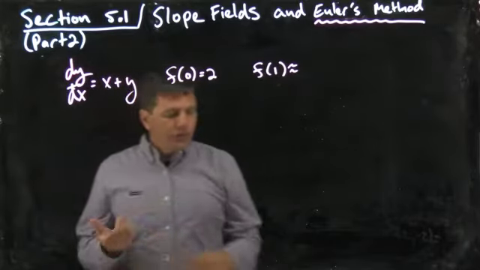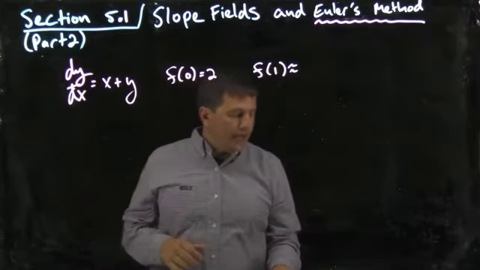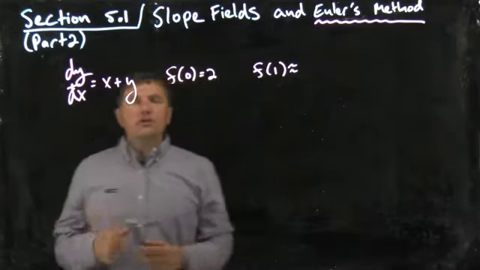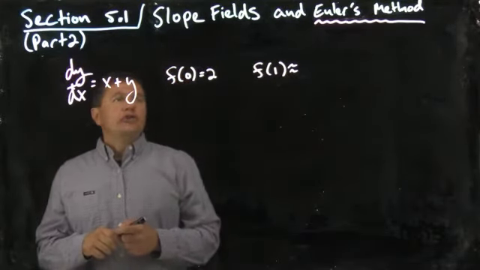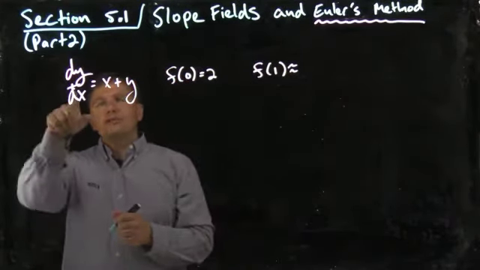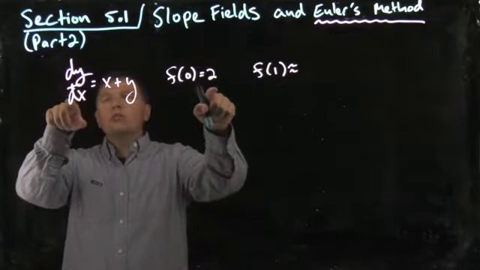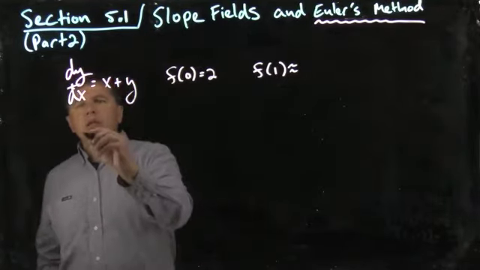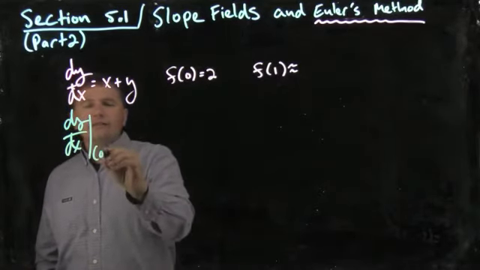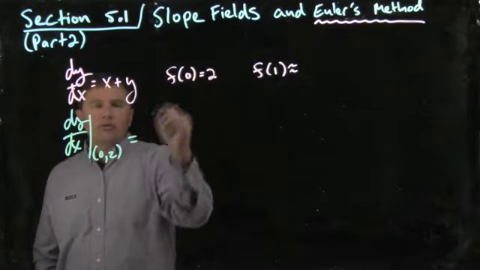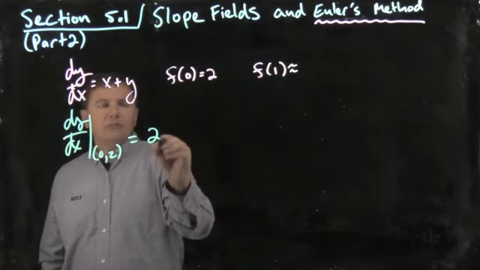Okay, so one thing we did in the past was we did a tangent line. So let's say we were doing this particular problem, and let's say we did a tangent line here. So I have the point (0, 2). If I was going to do a tangent line, I could get the slope of that tangent line by just plugging into dy over dx. I can plug 0 and 2 into the dy over dx, which is going to give me 2.